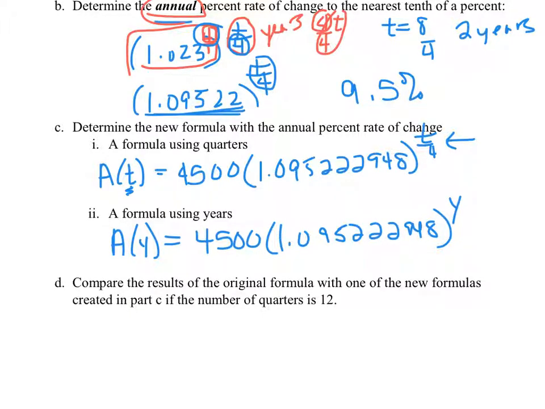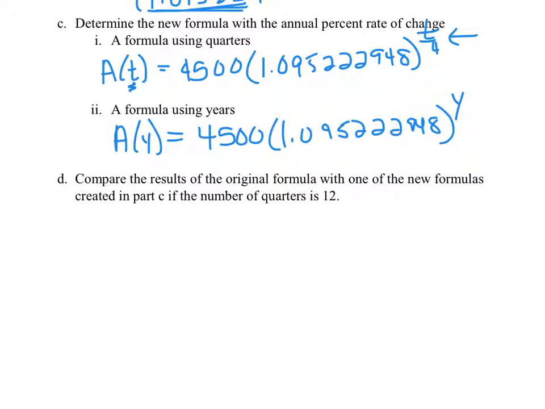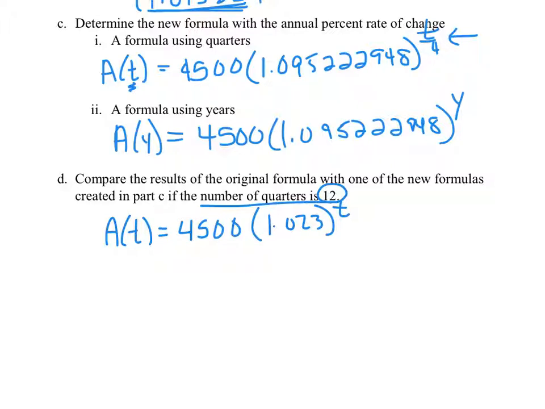Okay, so now if I use both of these formulas, I compare the results with the original formula, the one we have at the beginning that you can't see right now. That's A of T equals 4,500 times 1.023 to the T power. If I compare that one, where the number of quarters is 12, and I use one of these two, either one, they're both the same thing, so I'm just going to use this one because it uses quarters.